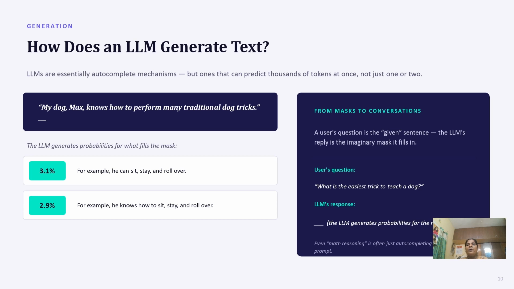When you talk about going from mask to conversation, a user's question is the given sentence, and the LLM's reply is the imaginary mask it fills in. As I said, LLMs are nothing but a copycat or a predictor. It just computes mathematically and then tries to fill an imaginary mask for a given sample.